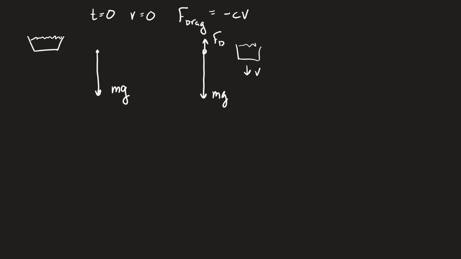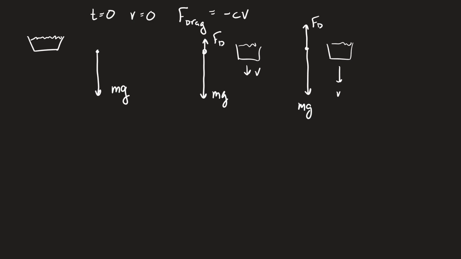Now, these forces are unbalanced, and because they're unbalanced, it's still getting faster. So I see another stage where, again, the downward force of gravity has not changed, but because it's moving faster, the upward force of drag has gotten larger. Coffee filter's still falling, but it's falling faster now.